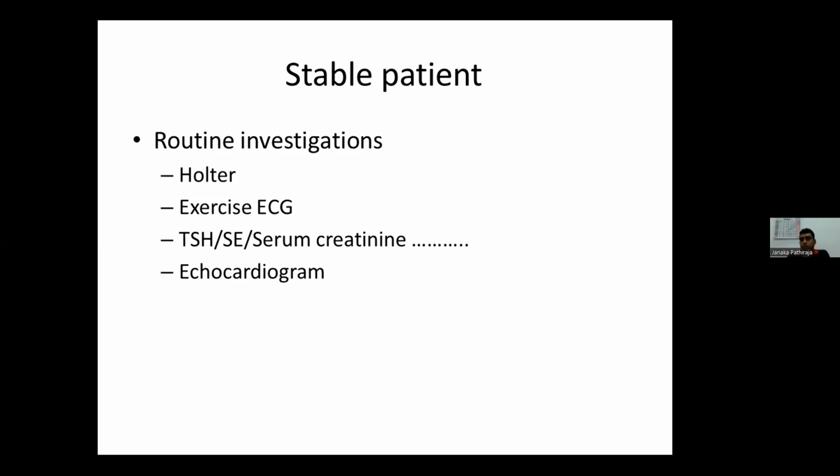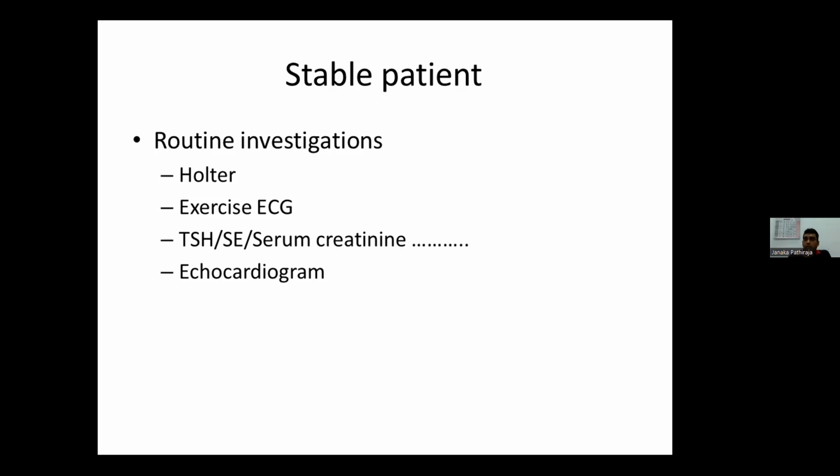What are the investigations we can use for further evaluation of bradycardia? Yes, Holter monitor, right? Sometimes a patient comes and says, I have on and off faintishness or pre-syncope, but when you see the ECG, nothing is there. You suspect this is cardiac-related pre-syncope.